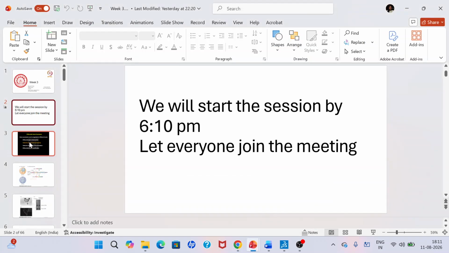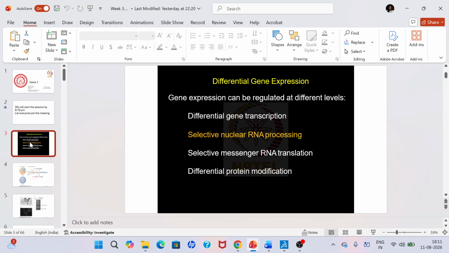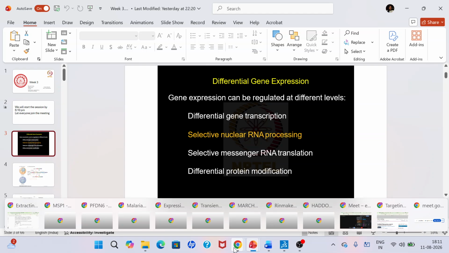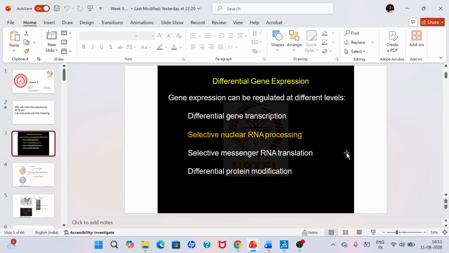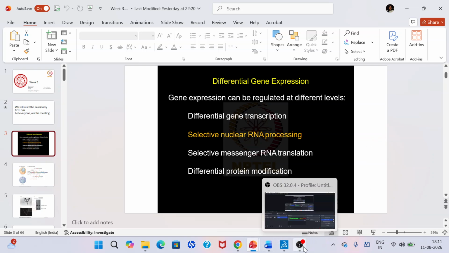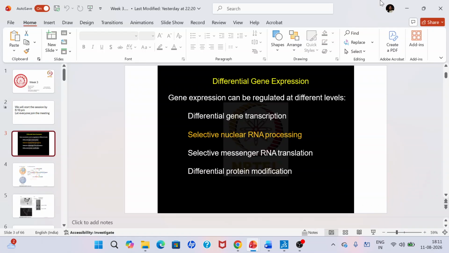In the last week's videos, that was mostly the continuation of what we were discussing the previous week also, the differential gene expression. That is what we discussed earlier: what can be the levels at which gene expression can be controlled and can be different in different tissues in a single organism.